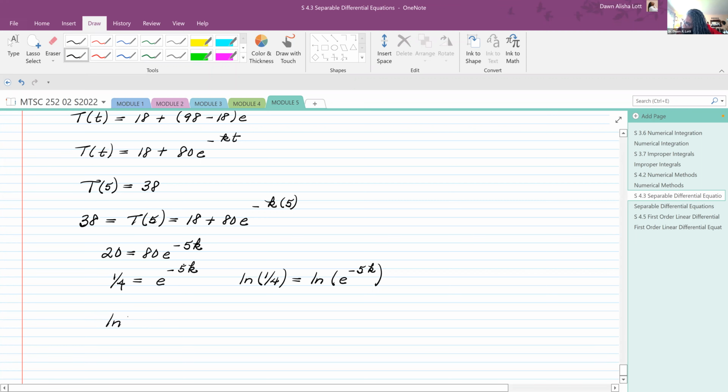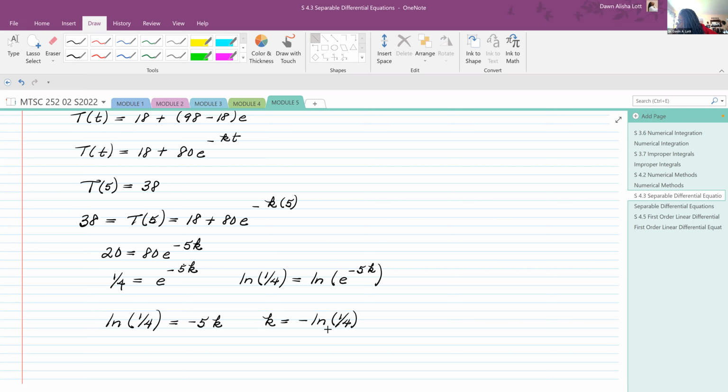The natural log of 1 over 4 is negative 5k. So therefore k is minus the natural log of 1 over 4, divided by 5.